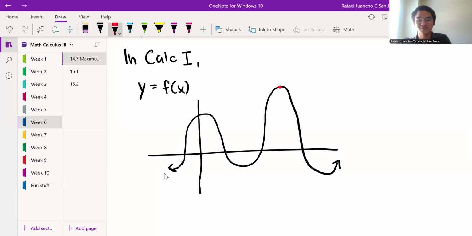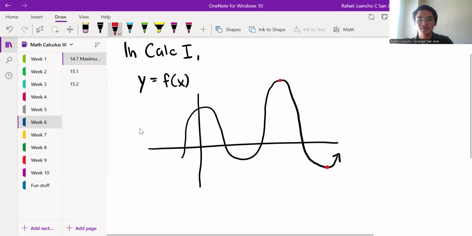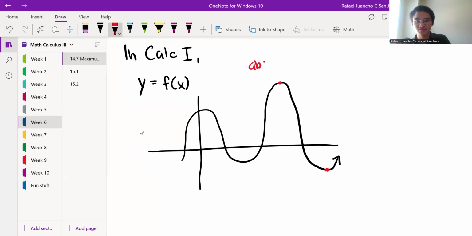Well, obviously, it's this one. Where's the minimum value? Let's just say it's here, right? So this is the absolute maximum, and then this is the absolute minimum.